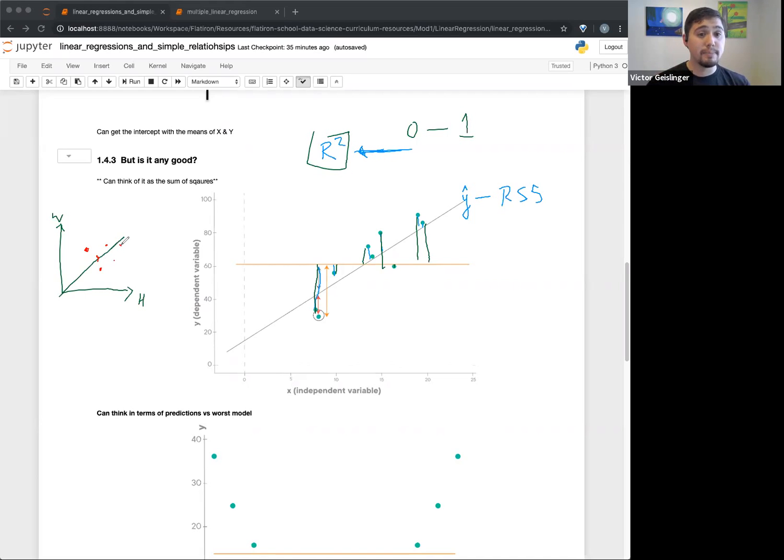Some of that variation might be explained by the fact that maybe boys and girls have a different height and weight relationship. Maybe it depends on other things like where they live, basically what they're eating, or what their age is. So these are things that factor in.